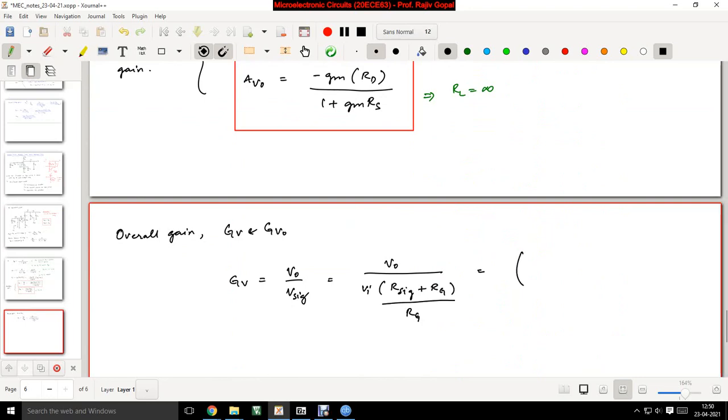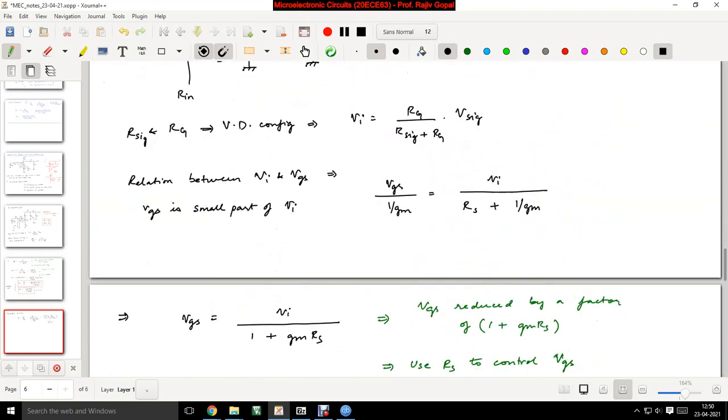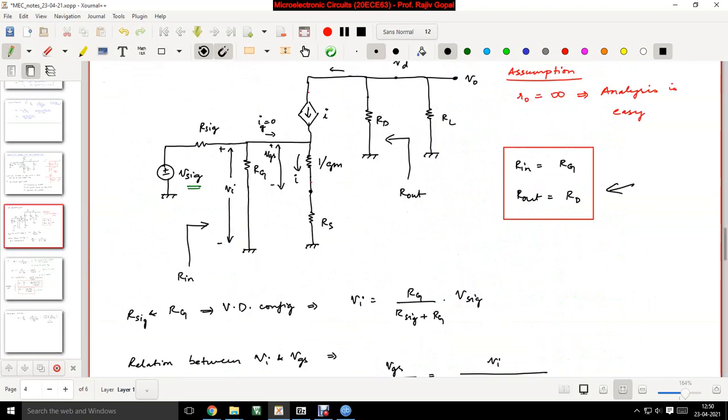So this will be V naught by Vi into Rg by Rg plus Rc. Here you can replace Rg with RL, because both of them are the same. So I can replace it.